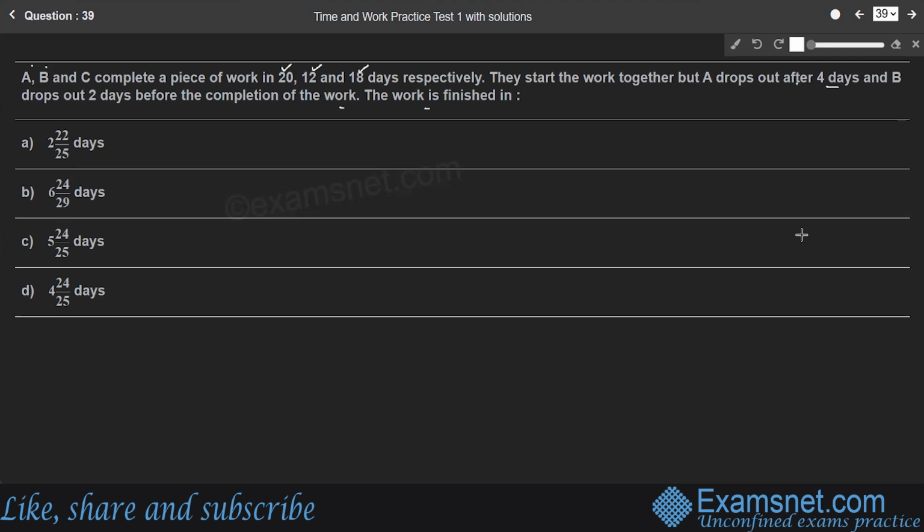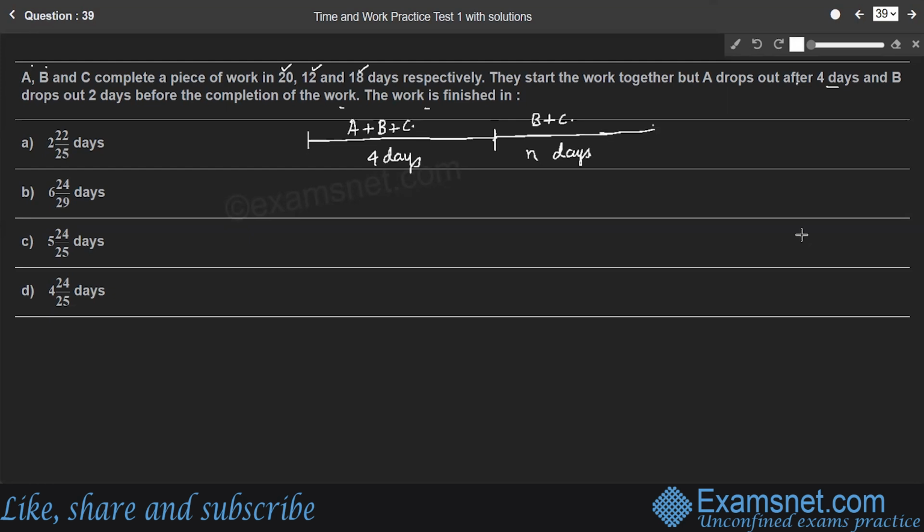So students, for the first 4 days, all of A, B, and C work together. After 4 days, A drops out, which means B and C will continue, so they work for n number of days.